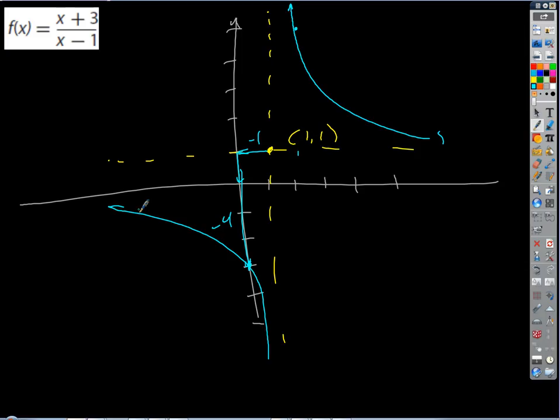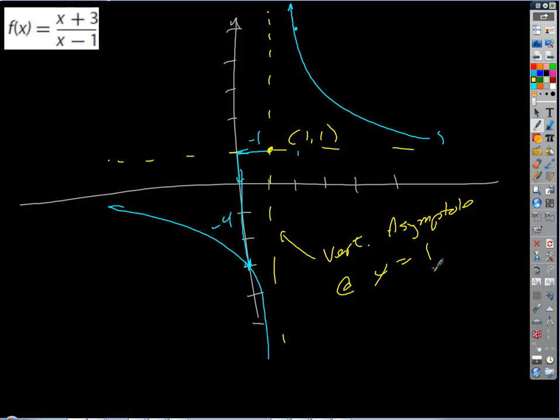So where was our vertical asymptote? At x equals where? x equals 1, right? Good, so that's our vertical asymptote right here. Okay, could we have predicted that from the function? How?